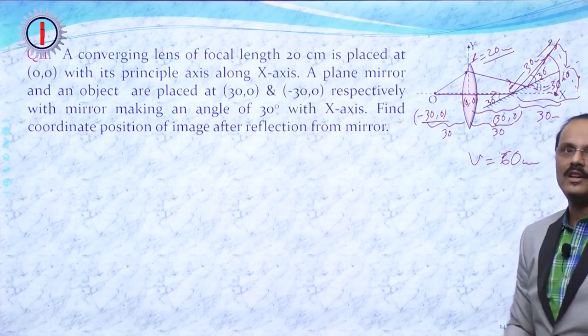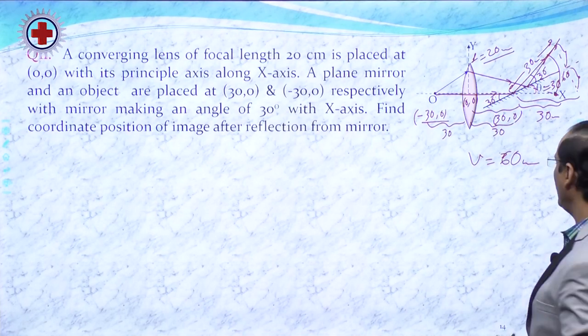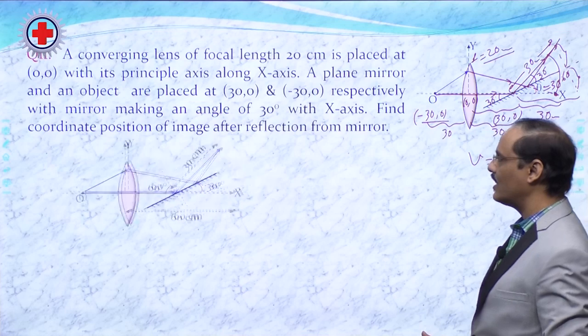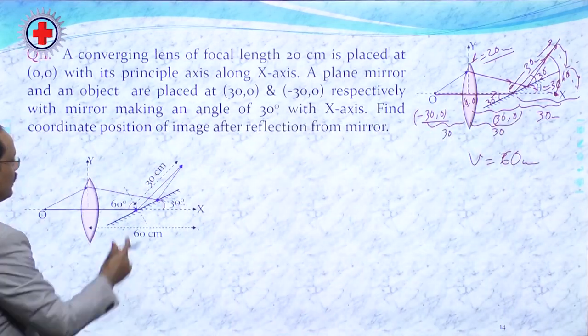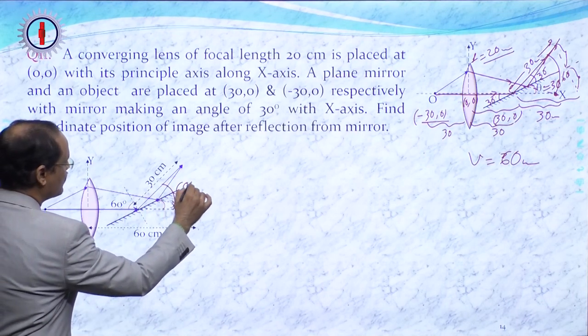Once you have this particular distance of 30 centimeter, you can get the coordinate position of the image. Let us see how we can get that coordinate position. As I have drawn earlier, this is 30 centimeter, this angle is 60 degree.